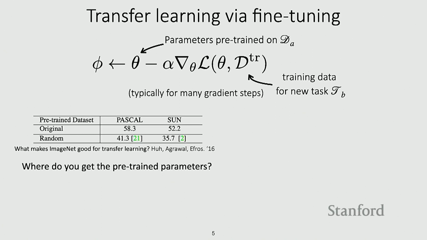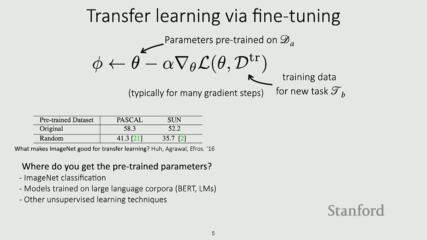But in general, the pre-trained parameters may come from a variety of sources. They can come from ImageNet. They could come from models trained on a large language corpora using some sort of unsupervised or self-supervised technique. Really, whatever large and diverse data set you might have access to, or whatever large pre-trained models you might have access to, that you think might be related and useful for the target task you're trying to solve.